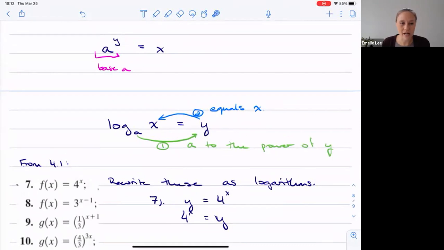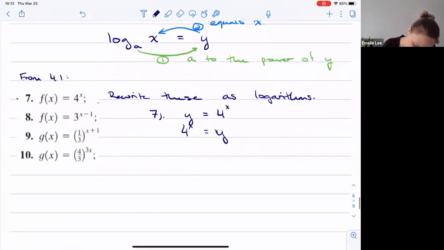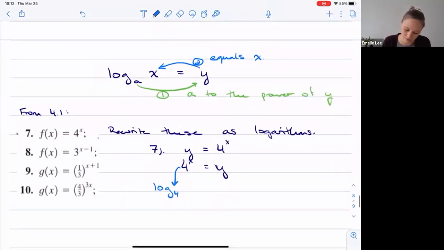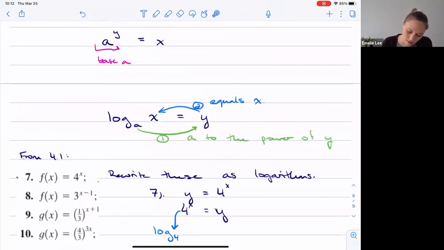Now I need to rewrite this into a logarithm. So I have log base a, which is 4 in this case. Log base 4, so that base came from there. Same base, right? Log base, exponent base, we call them the base regardless. And then whatever's in the power moves to the other side of the equal sign. In this case, the power is x, and whatever is on the other side, y in this case, moves into the log.